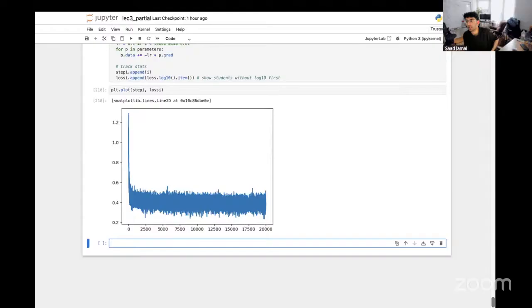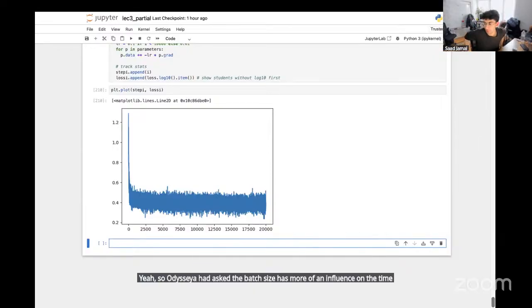Aditya had asked whether the batch size has more of an influence on the time complexity than the number of batches. That's right.